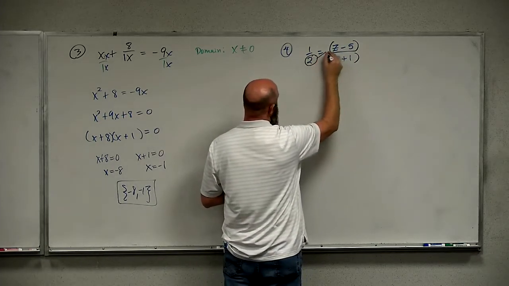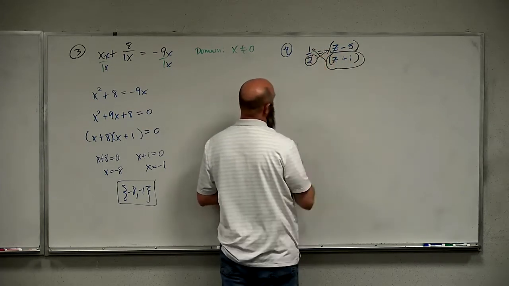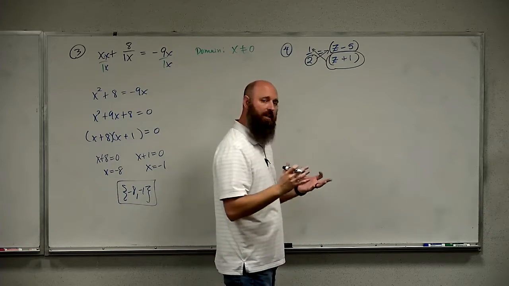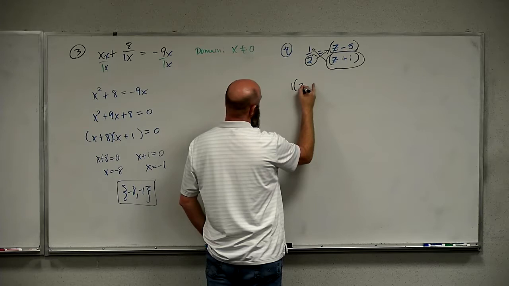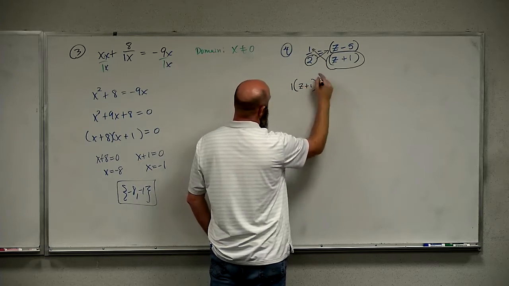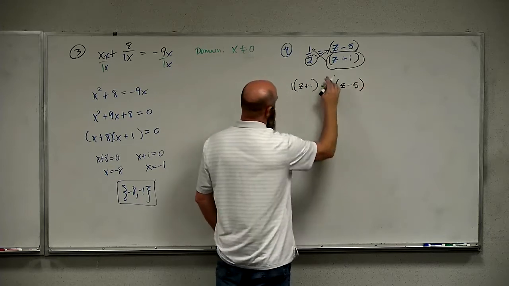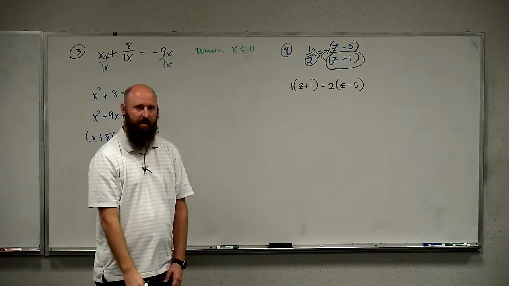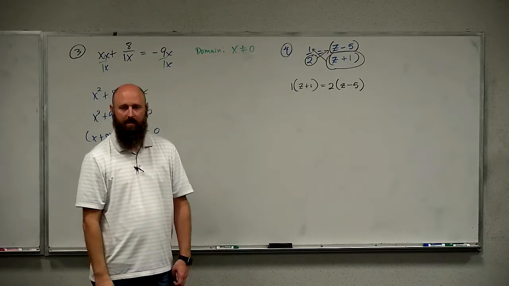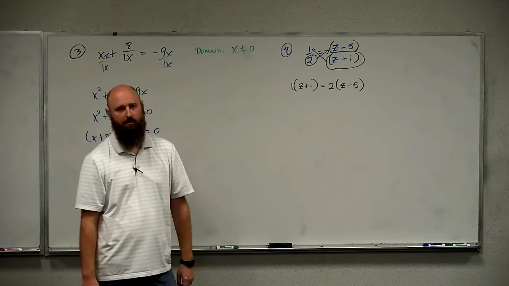I'm going to take this 2 and multiply it up here, and I'm going to take all of this and multiply it up there. And that's going to get rid of the fraction. So over here, we're getting 1 times z plus 1 equals 2 times z minus 5. So I just pushed each one of those up on the other sides using cross multiplication. Now again, we can only do that if it's a single fraction times a single fraction.